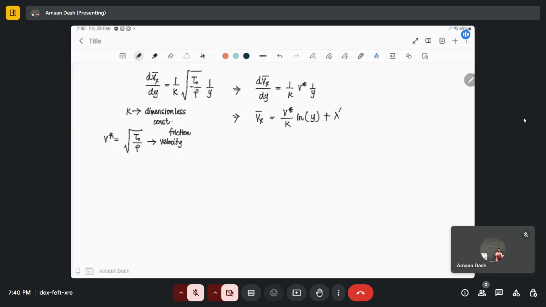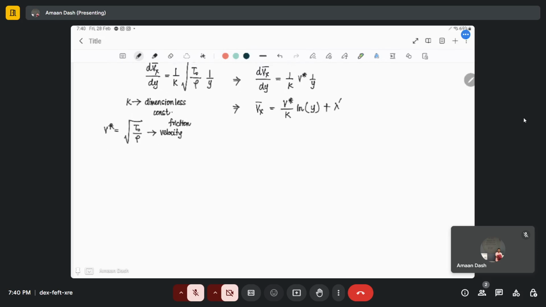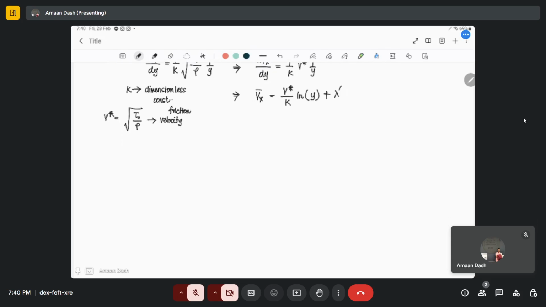So if we write in terms of dimensionless parameters, we can write this as Vx bar by V star, which will be 1 by K. And here we have to add something from known quantities or from properties of the fluid.